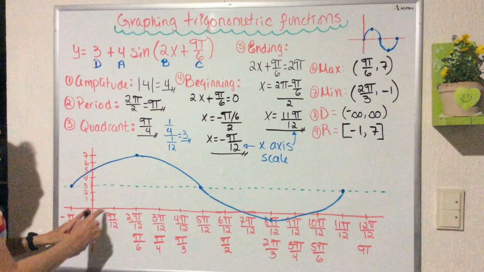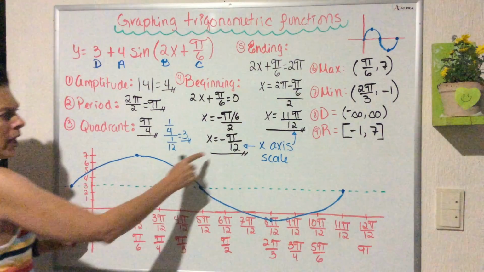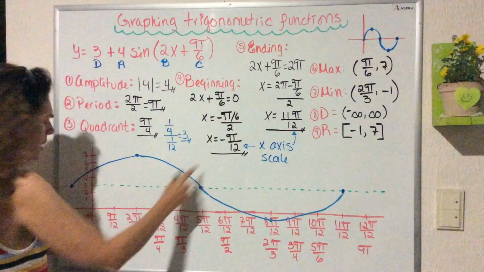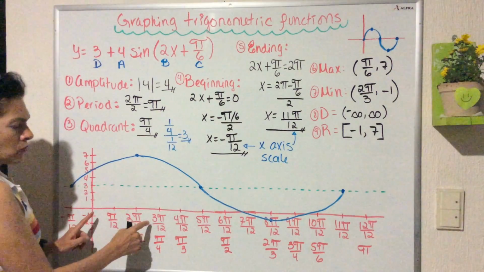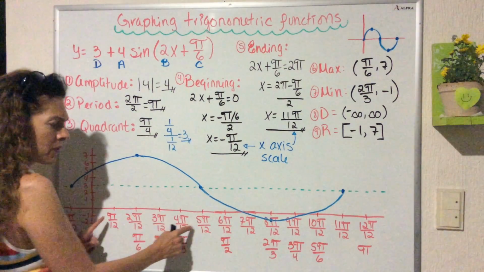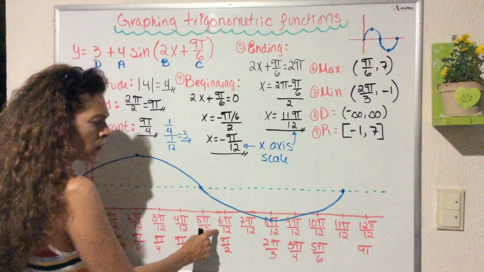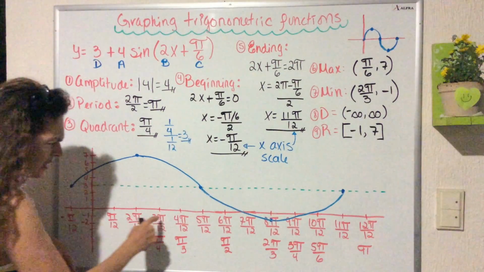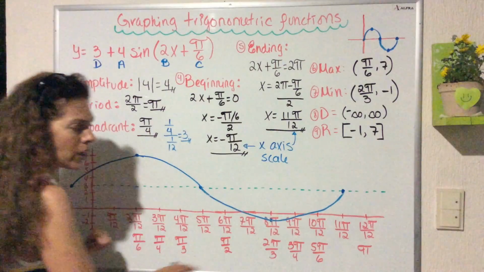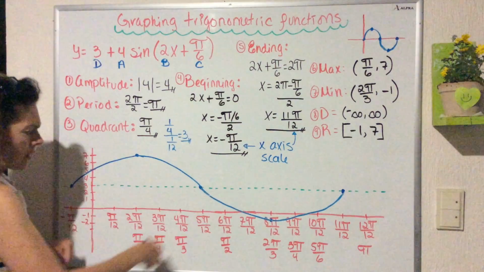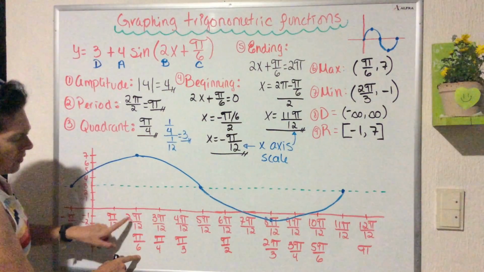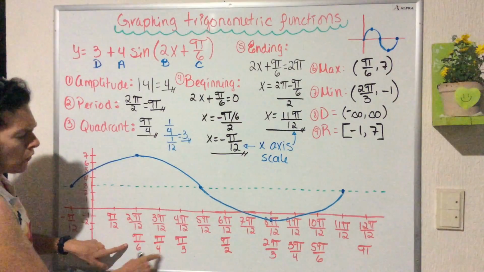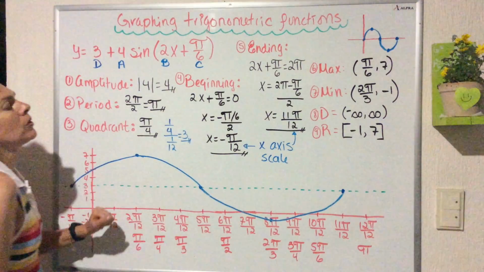So we are going to start with 1 pi over 12, because I'm going to work with twelfths, okay? 2 pi over 12, 3 pi over 12, 4 pi over 12, 5 pi over 12, 6 pi over 12, and you continue. Then you can simplify, but first write it like this so you don't get lost, okay? 12 by 12. So when you simplify, you get, for example, here, pi over 6, pi over 4, pi over 3, and you continue.